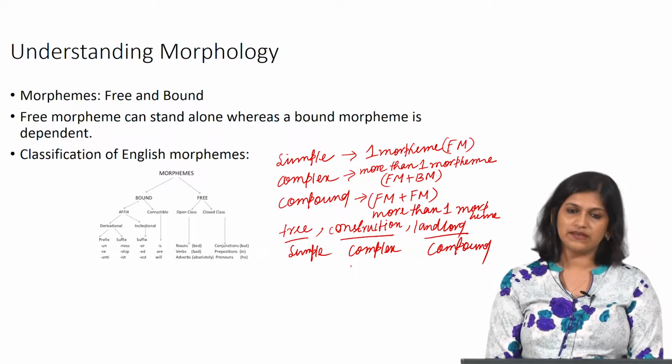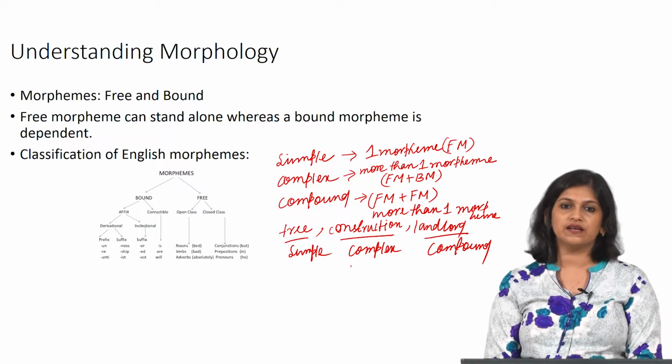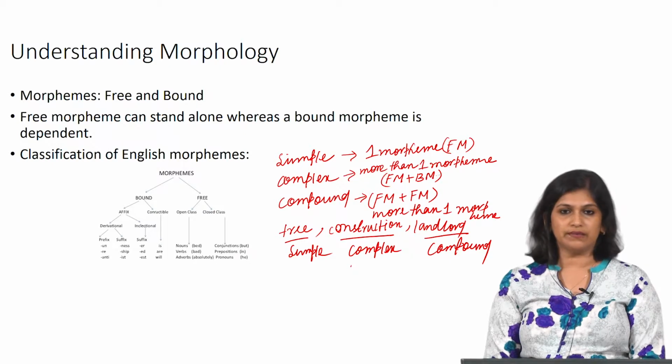On that basis we discussed what a morpheme is and what the different types of morphemes are. When these different types of morphemes come together, what do they contribute to? Whether it becomes a simple word, a compound word, or a complex word.